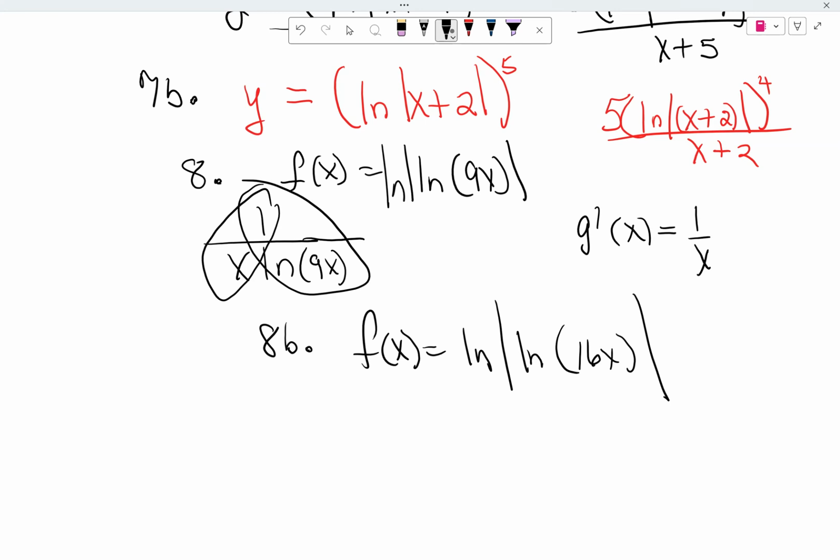One over x times the natural log of 16x. Yep. 1 over x, and then natural log of 16x. Pretty easy.